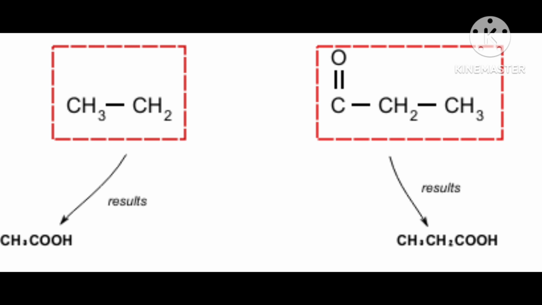That means at least more than 2 carbons are required, meaning 3, 4. When the carbon-carbon bond breaks, in comparison to the parent you will get a compound with 1 carbon less. This is the special thing of ketone oxidation.